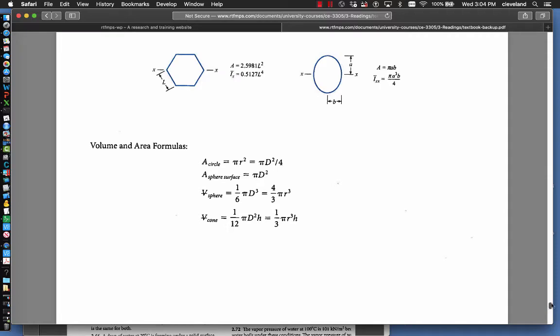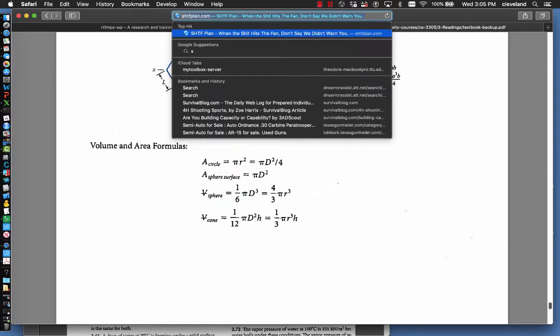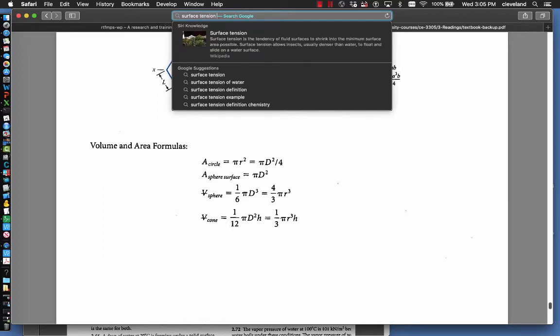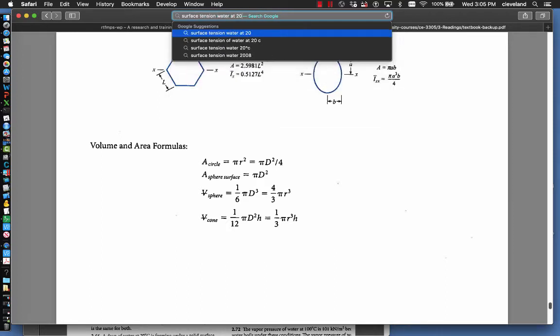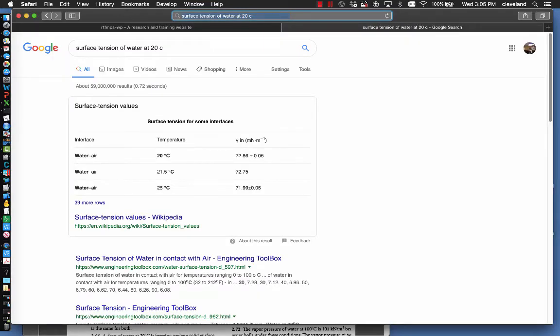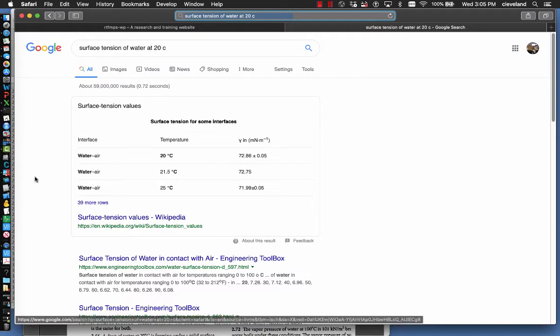All right, well that's interesting. The mighty Google, it claims that water-air is, let's see, 72.86 millinewtons per meter, so that would be 0.0728 newtons per meter.